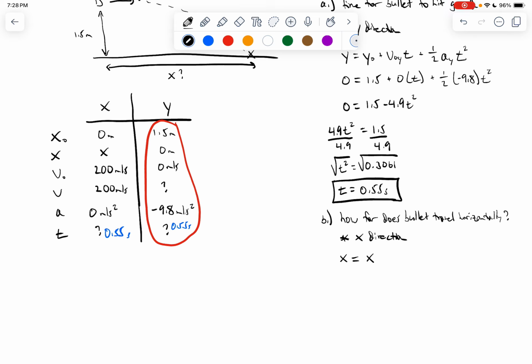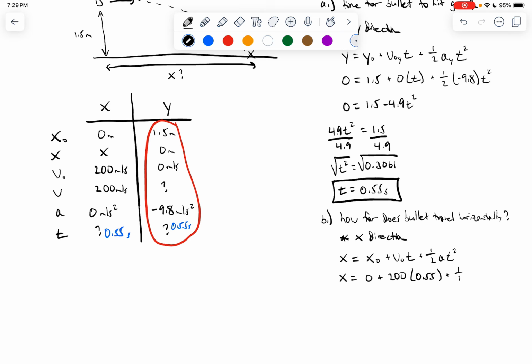So final position would be equal to our initial position plus v initial t plus 1/2 a t squared. Our unknown final position would be x. Our initial position we said was going to be 0 in the x direction. Our initial velocity is 200 meters per second. We're now going to be multiplying by the time we just found in part A, 0.55 seconds.